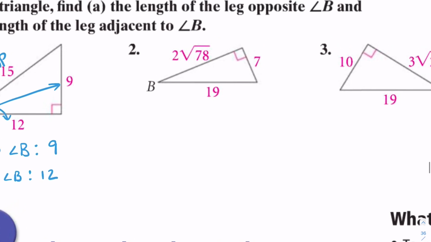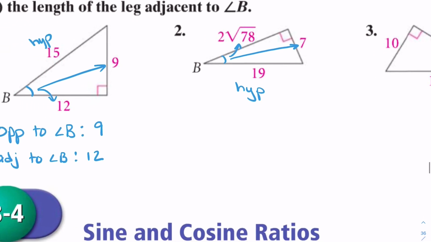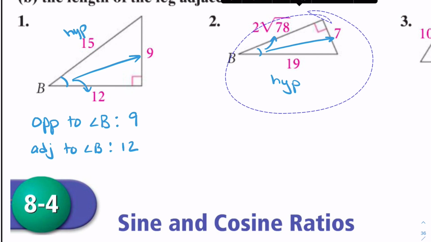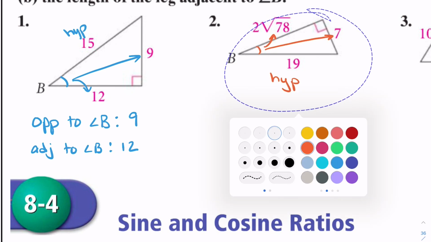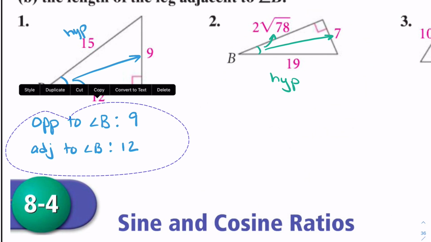All right, angle B here. Here we have the hypotenuse, and there's angle B, and that's your opposite side, and that's your adjacent side. I'm just going to copy this over.